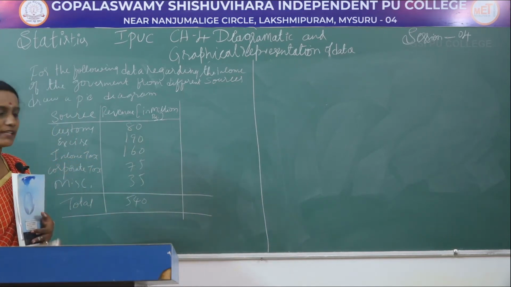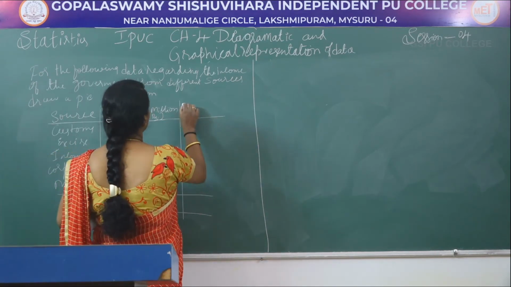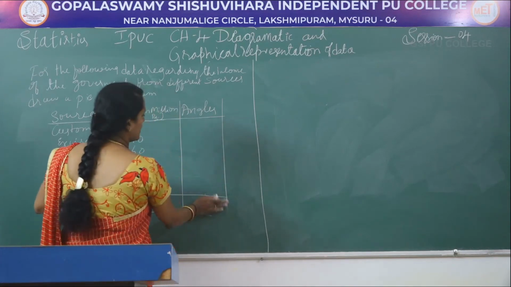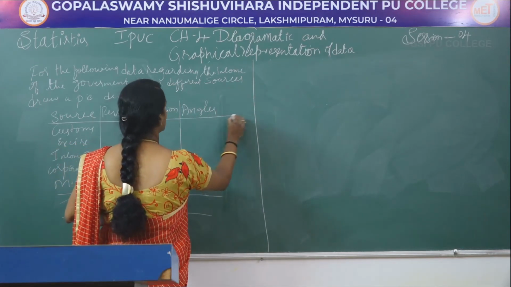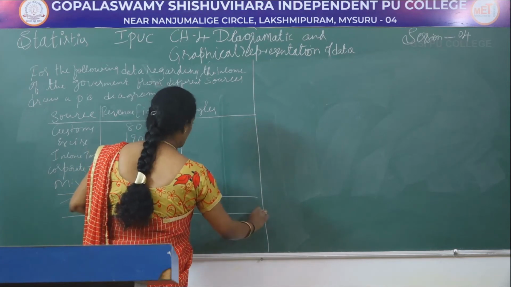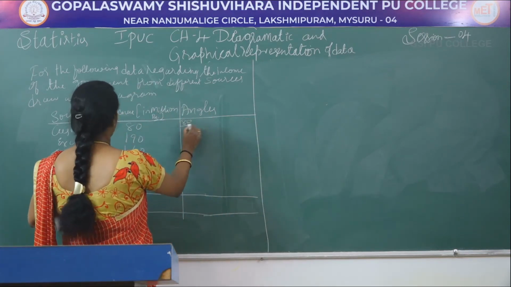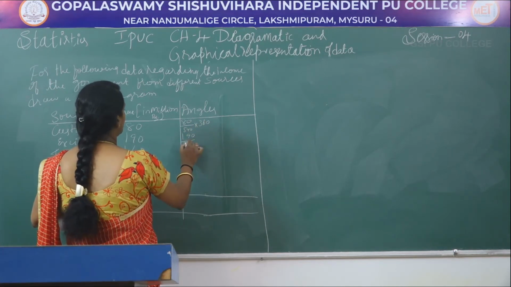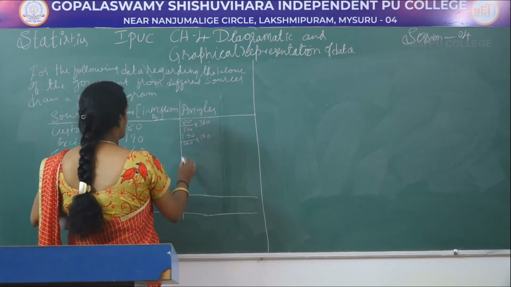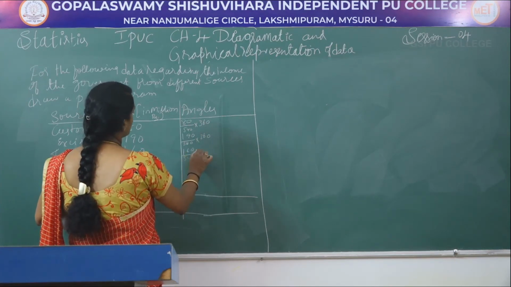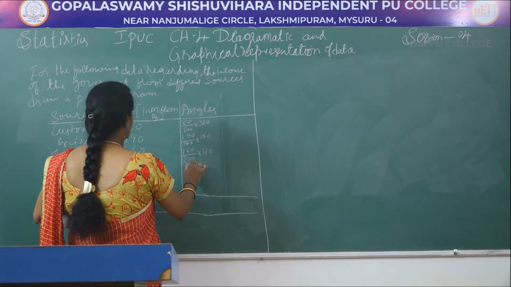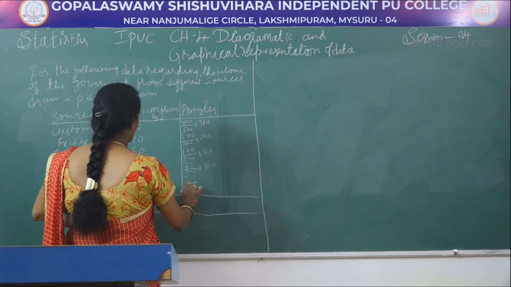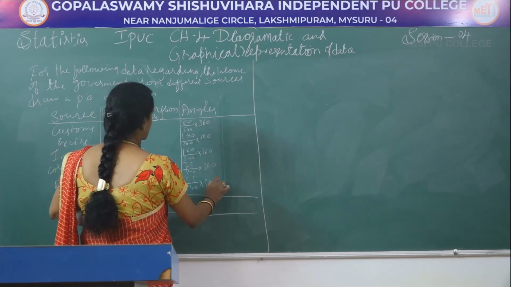Next step is we have to find the angles, because the total angle of a circle is 360 degrees. So we have to find the angles to show this in circular form. It is 80 divided by 540 into 360, 190 divided by 540 into 360, 160 divided by 540 into 360, 75 divided by 540 into 360, 35 divided by 540 into 360.